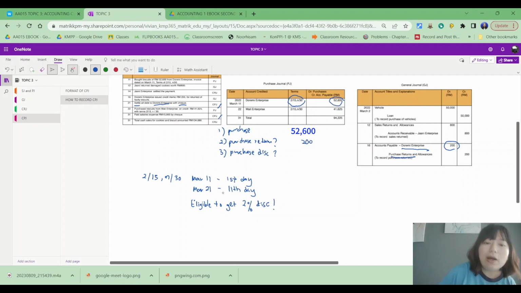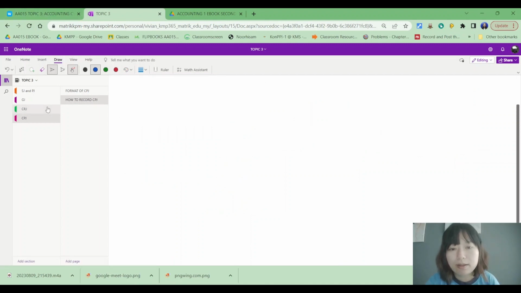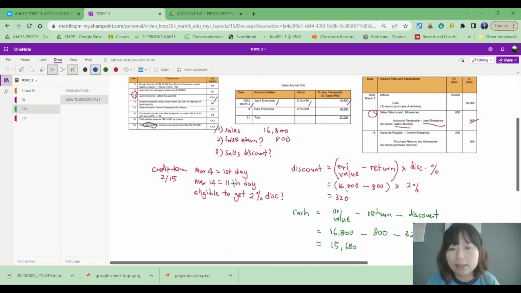Okay. So, apabila kita dah nampak kita dah layak, so maksudnya nanti kita kena kira lah. Ya, kita dapat purchase discount. But how much? Berapa yang kita akan dapat. So, in order to calculate the discount, macam mana kita nak kira? So, sama, konsep dia sama. If you refer to CRJ, CRJ punya konsep applies here.